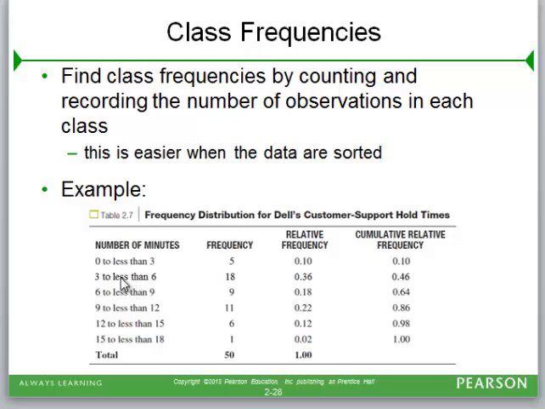For example, the midpoint of this class is 3 plus 6, divided by 2, which gives 4.5. And for this class, we use 6 plus 9, divided by 2, then we get 7.5.